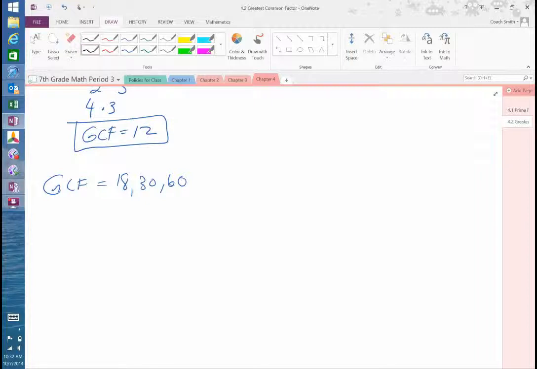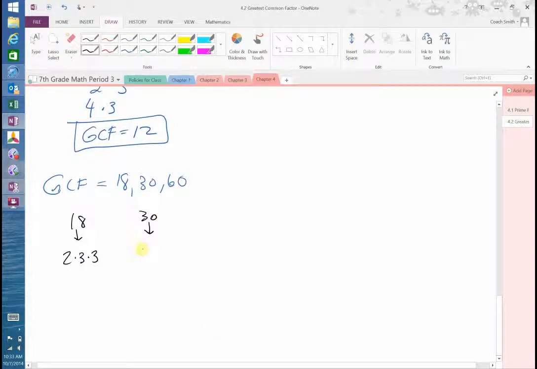I still prime factor all 3 numbers. So, the prime factorization of 18 is what, Zach? In expanded form. Two times what? Yeah. 2 times 3 times 3.